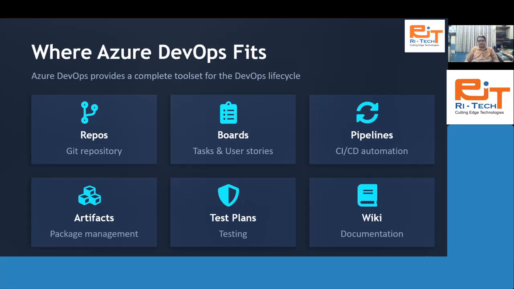Test Plans will help you to implement the automation testing. You can automate unit testing as well as other types of testing, like integration testing. And Wiki is the tool in DevOps which will help you to generate the documentation. Instead of people sitting with pen and paper and recording things, at the end, it will create the documentation.